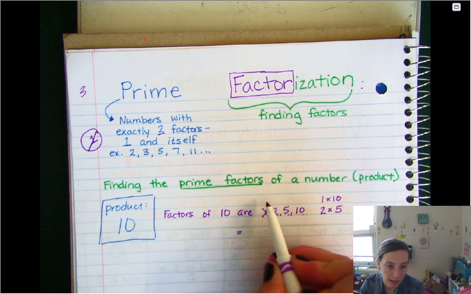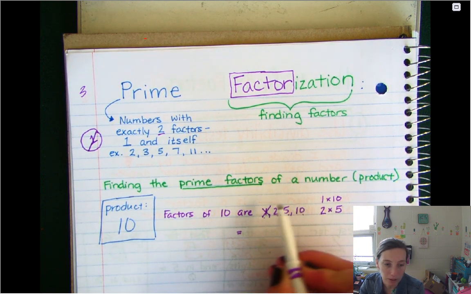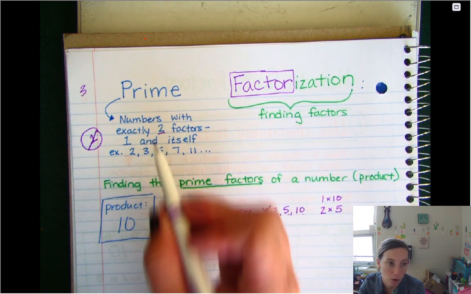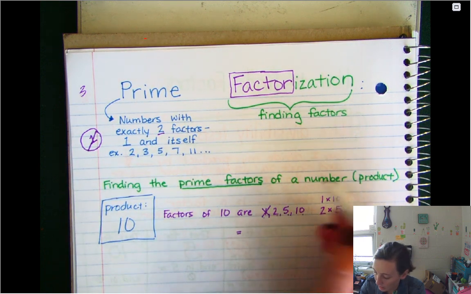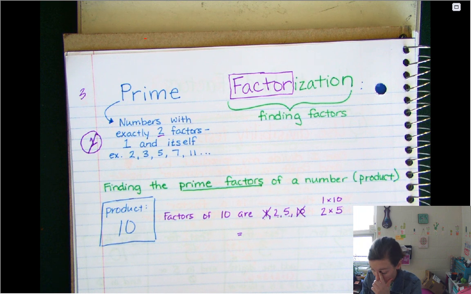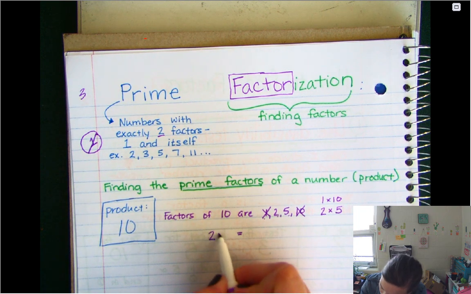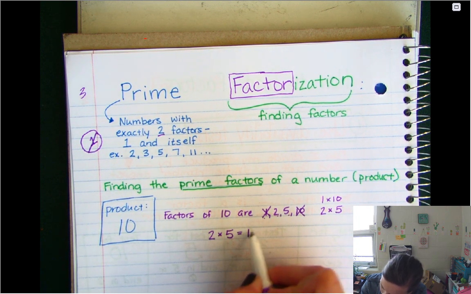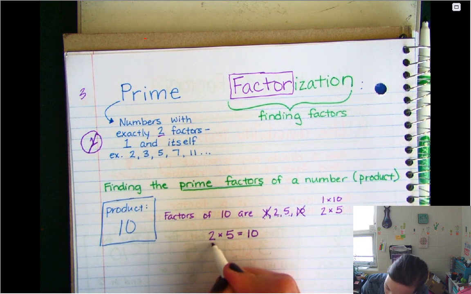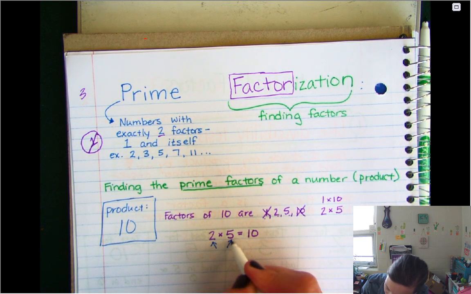So now with the numbers I have left, I'm looking for which ones are prime numbers. 2 is a prime number, 5 is a prime number, 10 is not a prime number because it has more than 2 factors. So the prime factorization of 10 is 2 times 5 equals 10, because both of these are prime numbers.